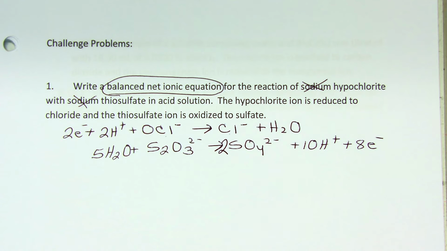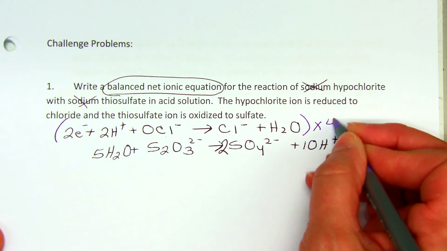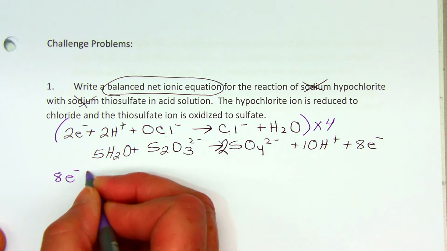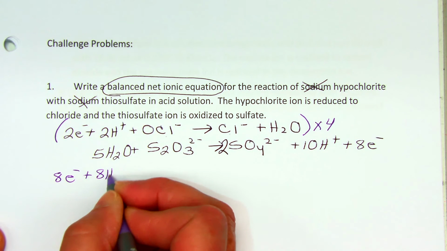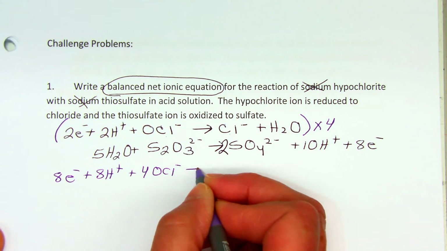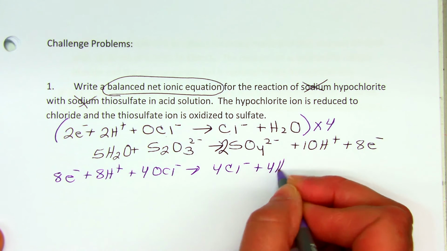How many electrons? 8. So I add 8 electrons to the more positive side. Now I have 2 electrons in one half and 8 electrons in the other. What do I do? Multiply this one by 4. So I get 8 electrons plus 8 hydrogen ions plus 4 hypochlorites yields 4 chloride plus 4 water.